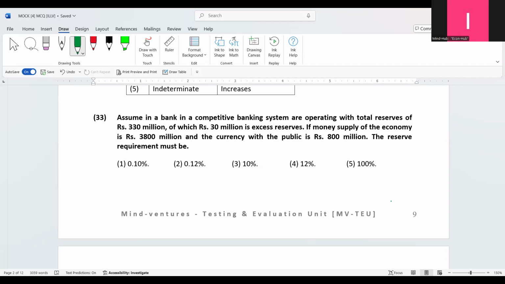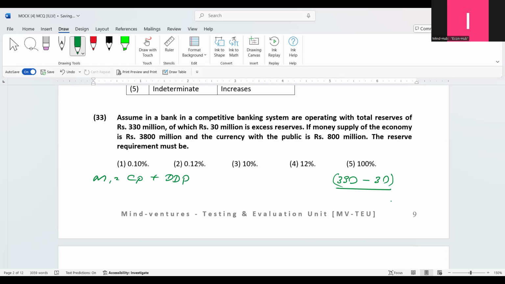Total reserves are 330. So from this 330 minus 30, then divide it by the deposits they have. So if the money supply is rupees 3,800 and the currency with the public is 800, we have to find the deposits. So money supply is CP plus DDP. We want DDP here.